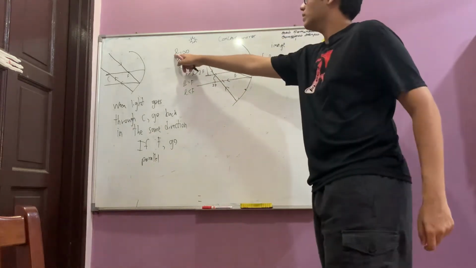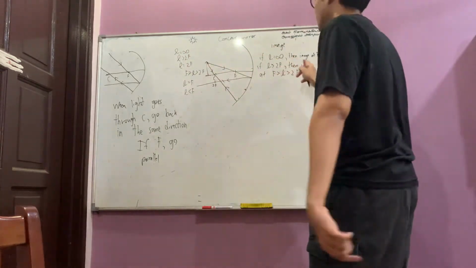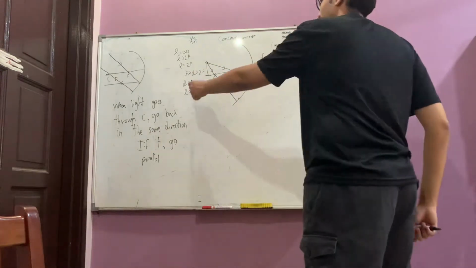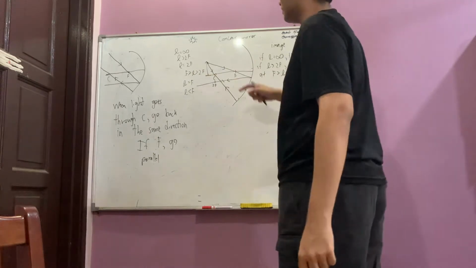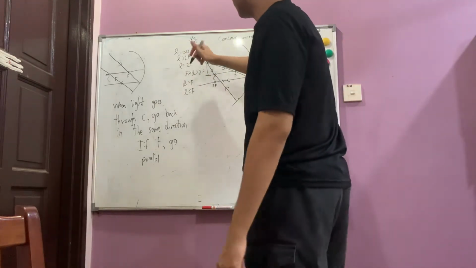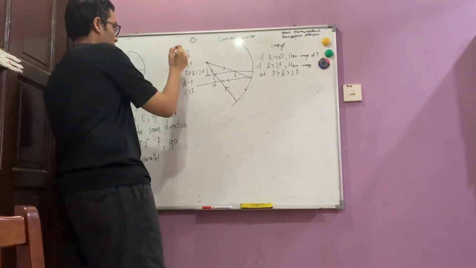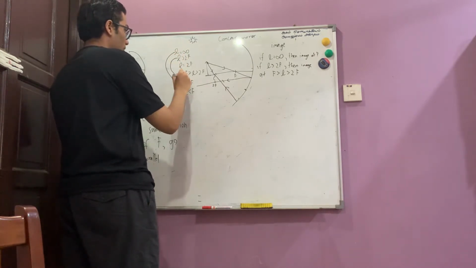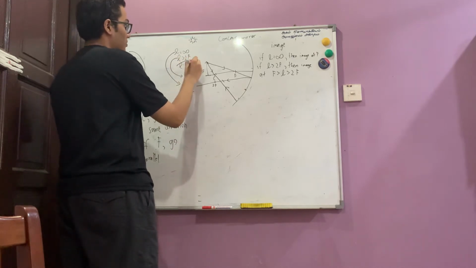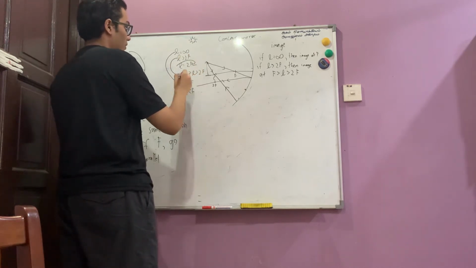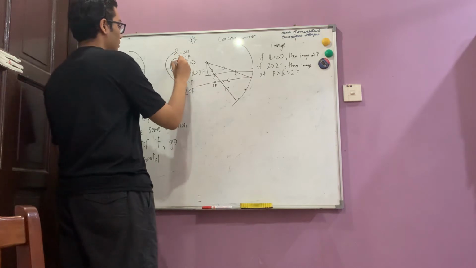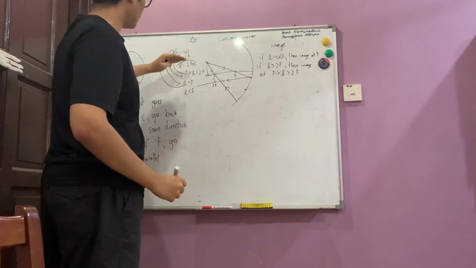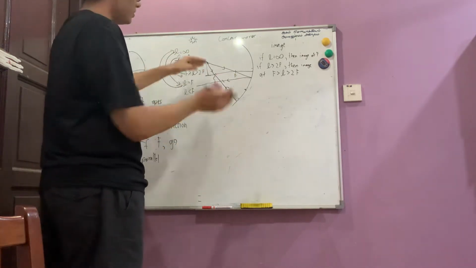Look, when the object is at infinity, the image must be at F. When the object is at more than 2F, the image must be here. When the object is here, the image will be here. Object here, image here. They swap position every single time.